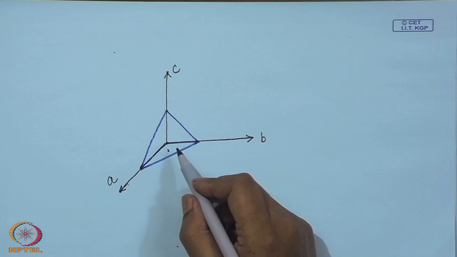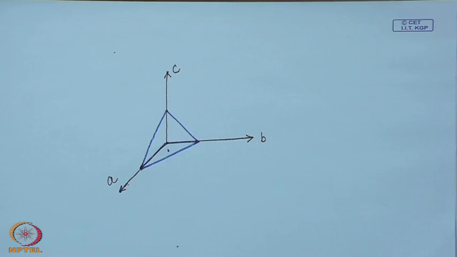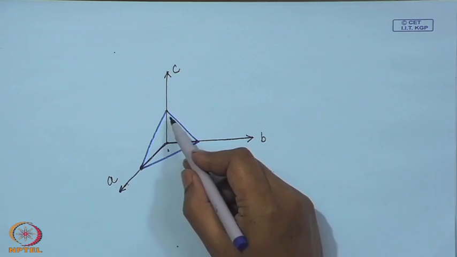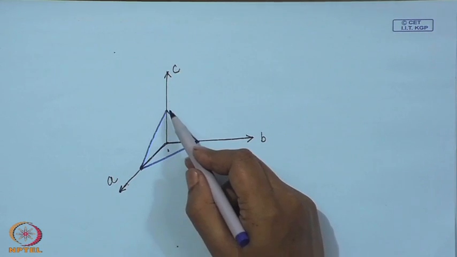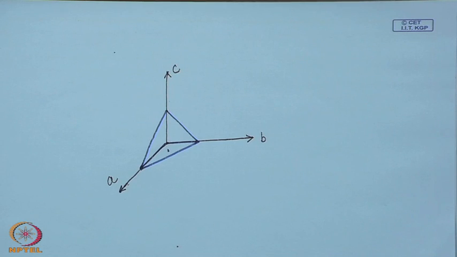Let us say these elements' areas are: delta A1 is the area to which A is normal, that is, the face lying in the BC plane has area delta A1.